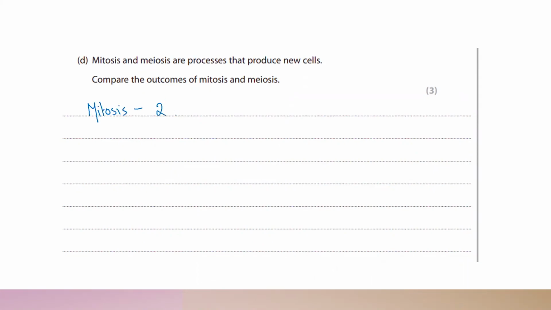So 2 identical daughter cells are produced. I'd put in there genetically actually as well. Identical daughter cells are produced. 2 gives us 1. Genetically identical gives us 2.